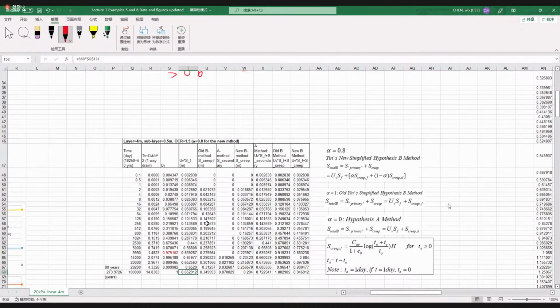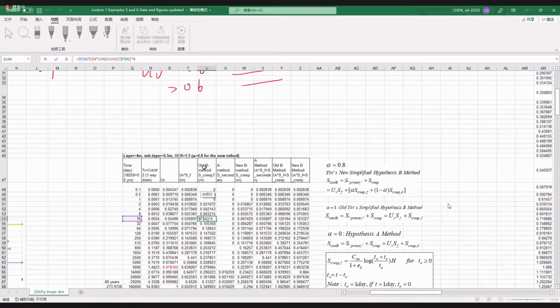the primary consolidation part. And for the old B method for calculating the S creep final, actually they are the same. Why? Because the final point is always on the NCL line, okay?